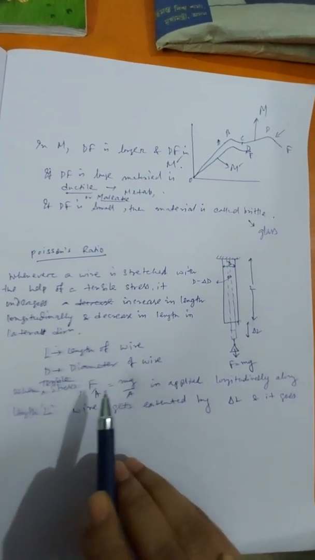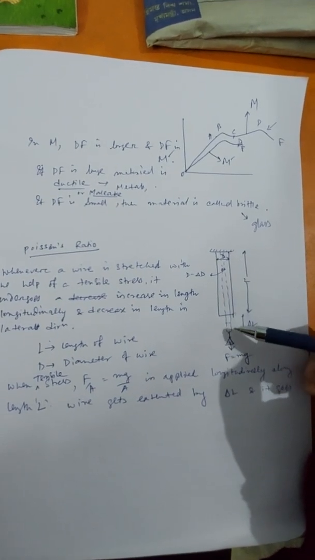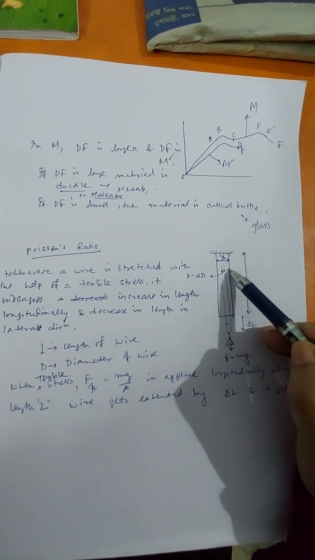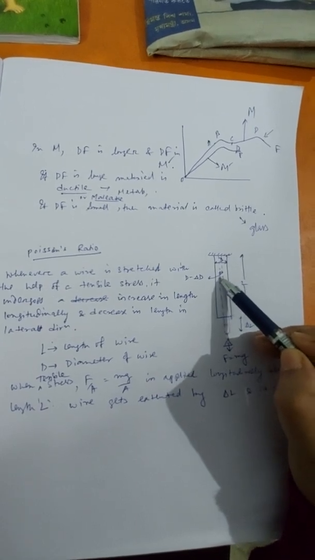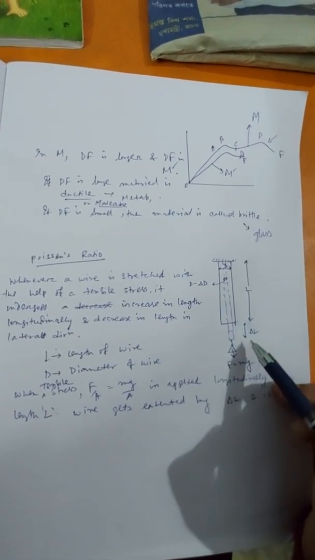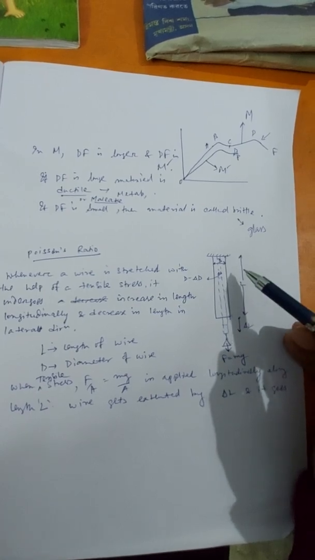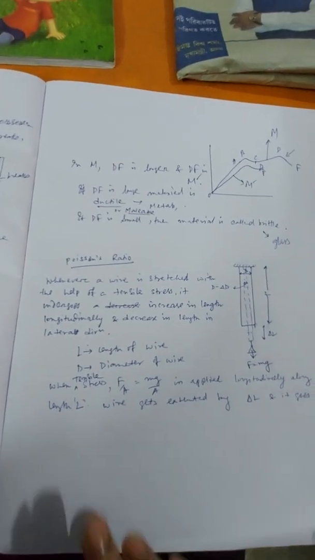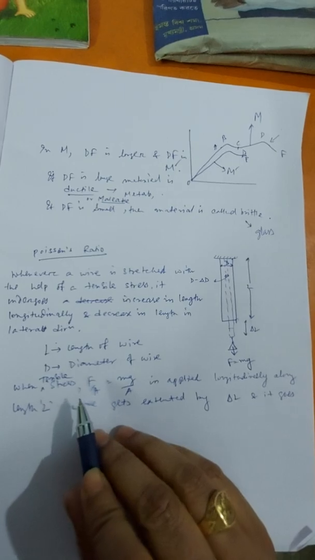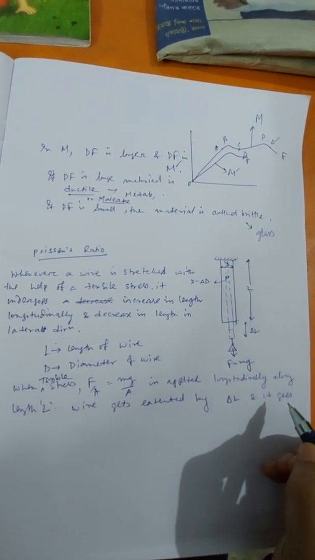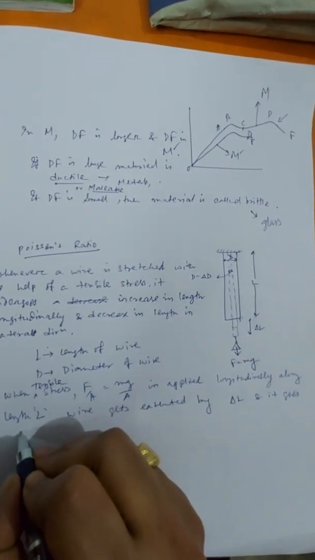Now as you can see, after the application of the stress, the wire is extended by length delta L in this direction, and the diameter is reduced by delta D. So this dimension is D minus delta D, and this length is increased by delta L. This final length is L plus delta L.